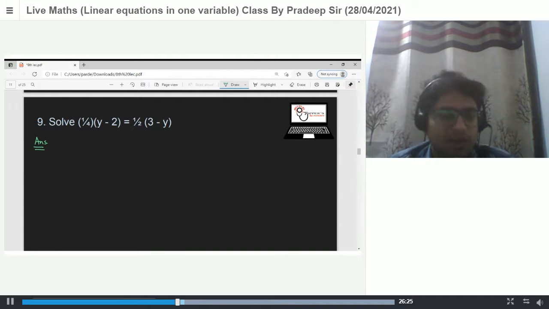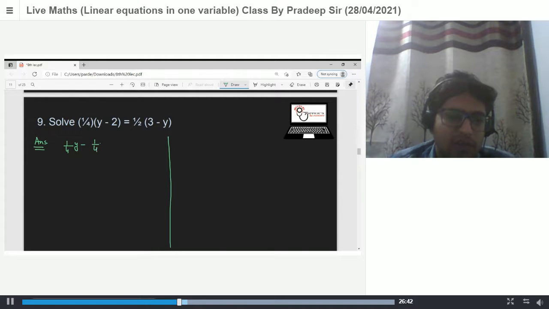You can solve in two ways. First, you can simplify this as a into b minus c, which is ab minus ac, and the same here. This became 1 by 4y. Shift minus 1 by 2 to the left hand side.